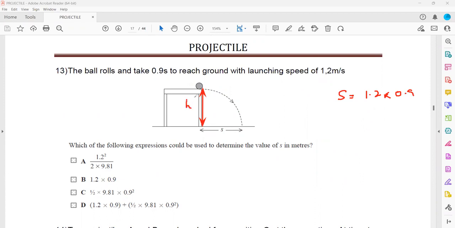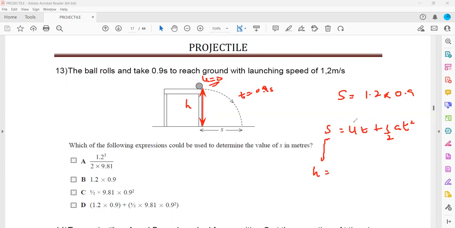But if I need the vertical height, we have to use the equation of motion, S equals ut plus half at square. Why did I mention this equation? Because we know the time, which is 0.9 seconds, and we know the initial vertical speed is zero. Horizontal is there, but there is no component of the vertical motion. That's why initially it is zero. So this S will be h.